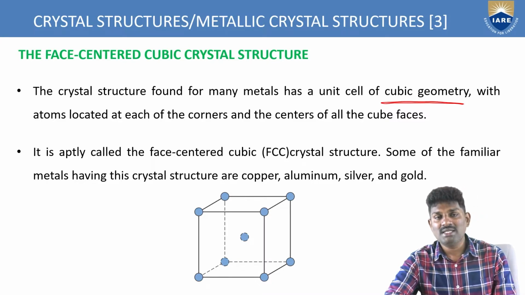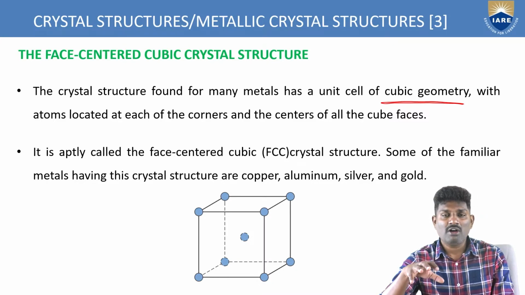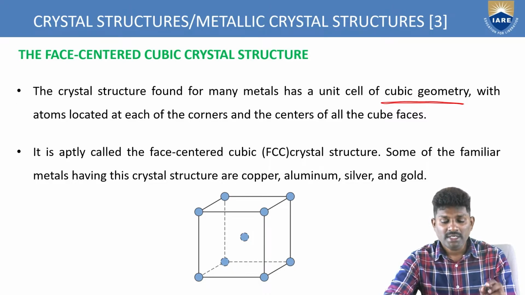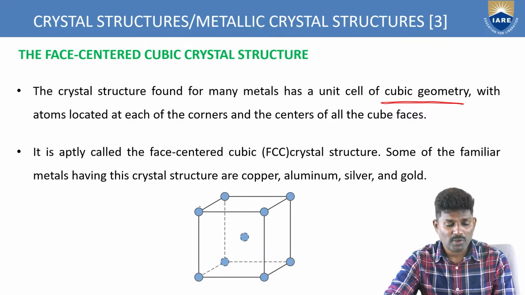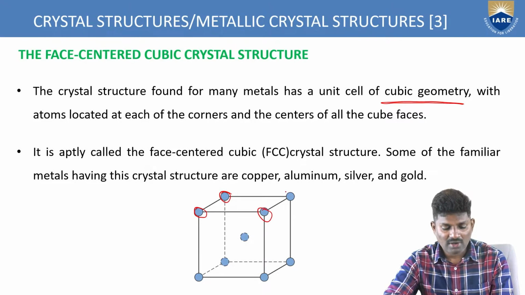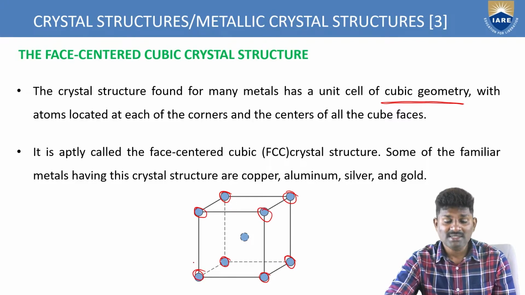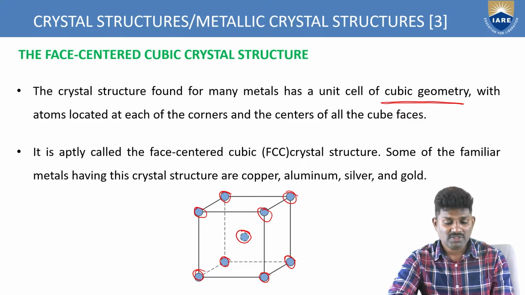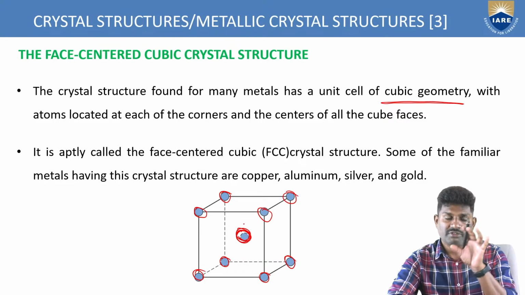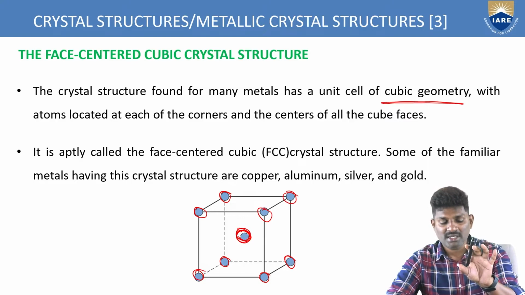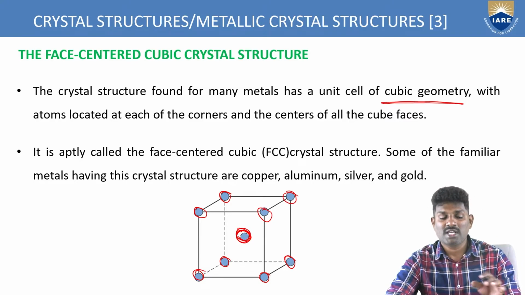So what is happening in this? The crystal structure of metallic materials, which has a cube geometry, should have atoms located at each corner. At each corner, if you see, you have all the atoms here, as well as at the center of all the faces. That's why it's called face centered. At the face, you have an atom exactly at the center, and all the corners also have atoms arranged.